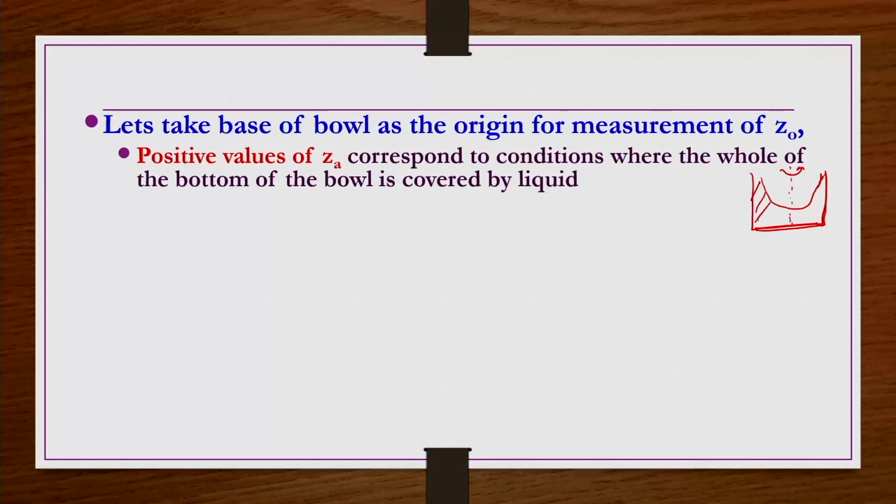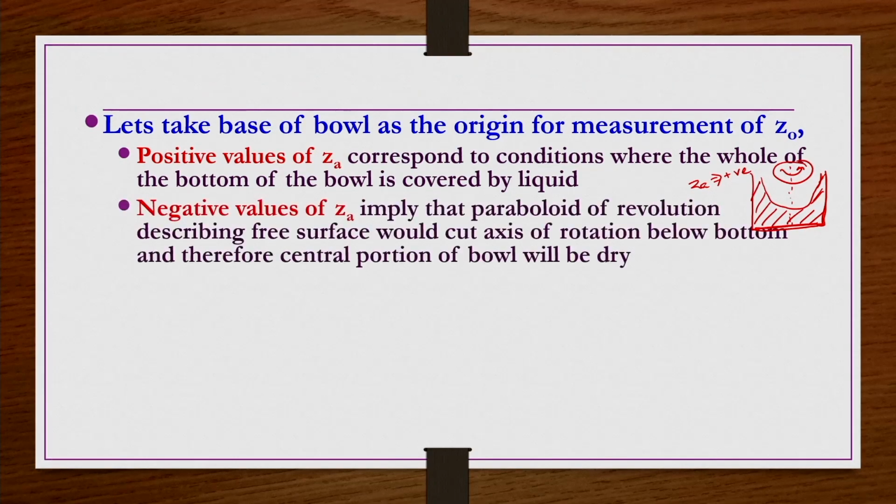So, this is all liquid, and the whole of the bottom of the ball is covered by the liquid. Under such conditions, in general, the ZA that you get is going to be a positive one.